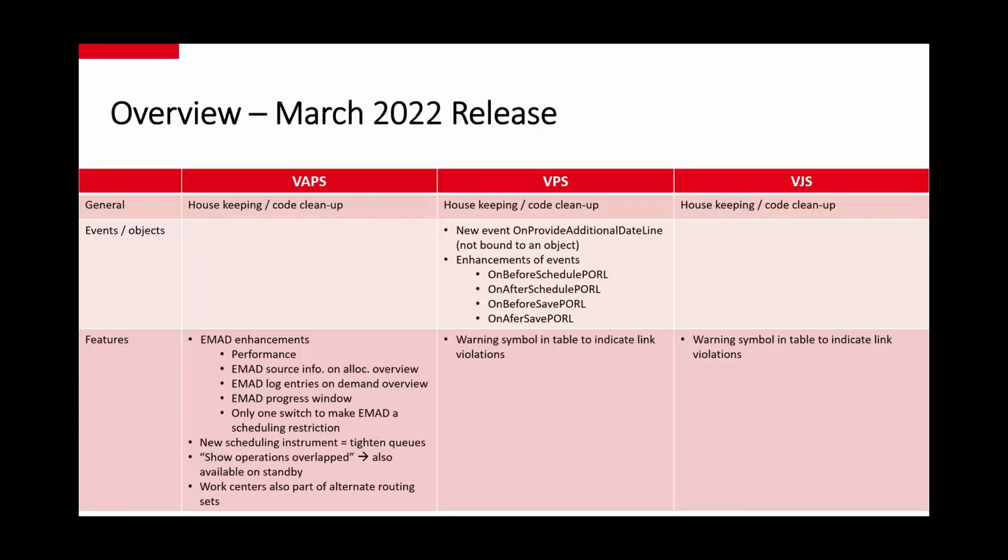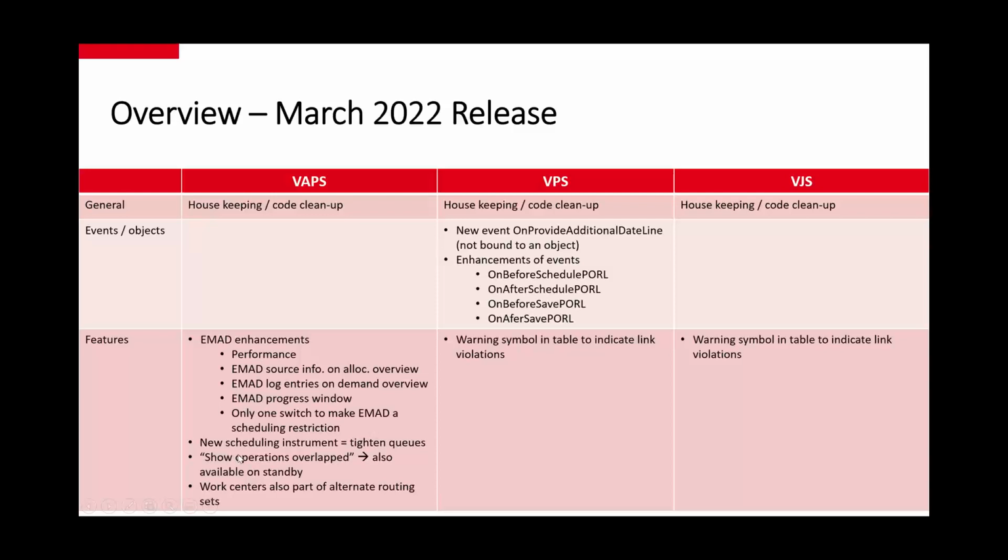And in the settings, we cleaned this up a bit so that we only have one switch to make EMAT a scheduling restriction. And when EMAT is calculated, it may take long, although we did some performance improvements, so then you see a progress window.